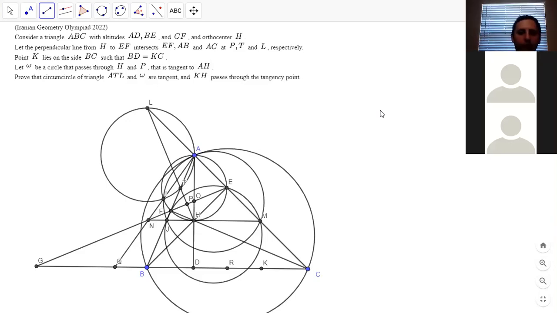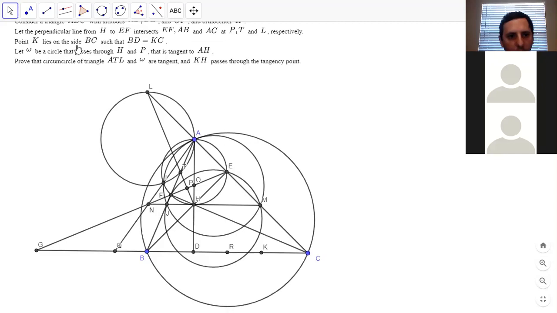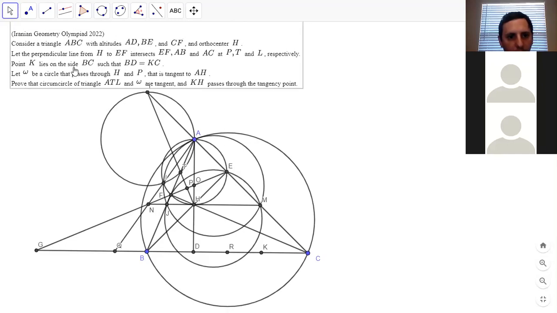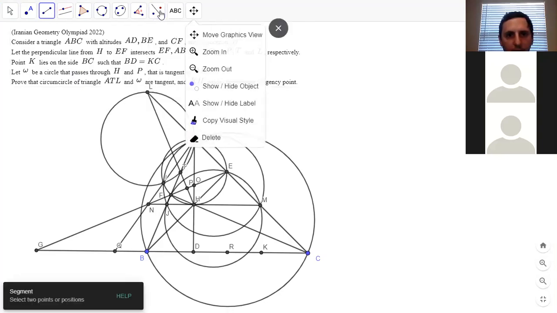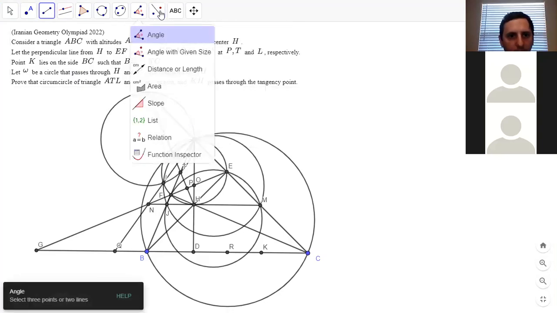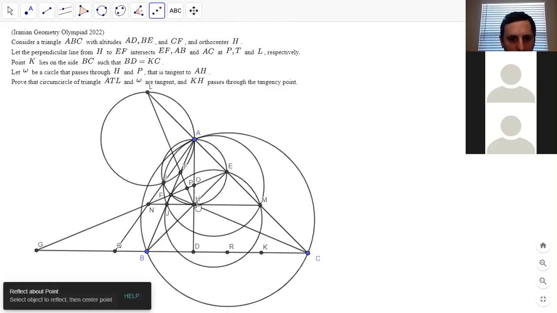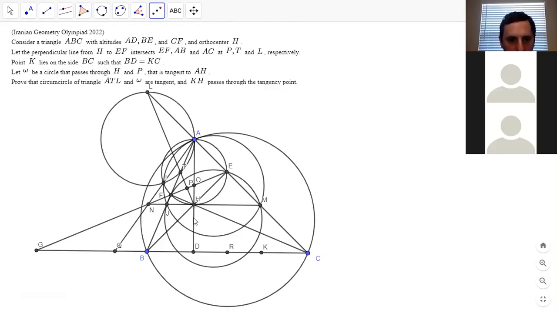Yeah, I actually saw it another way. We know the reflection of the orthocenter over the side lies on the circumcircle, right? So let H prime be the reflection of H over BC.